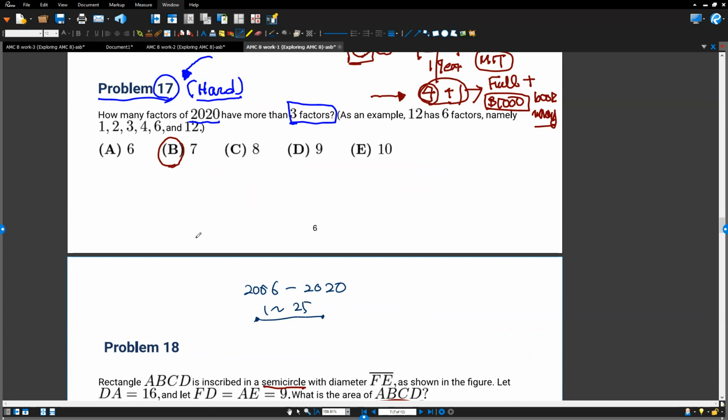AMC 10 has its own formulas one by one. We're going to learn the formulas and concepts, and then the questions look so easy. If you understand AMC 10, AMC 12 looks so easy. Just keep continuing to work if you really want to be good at math.